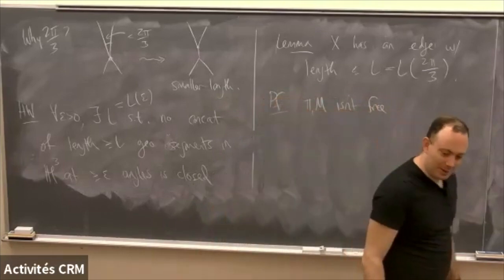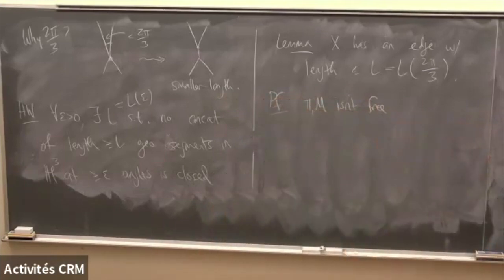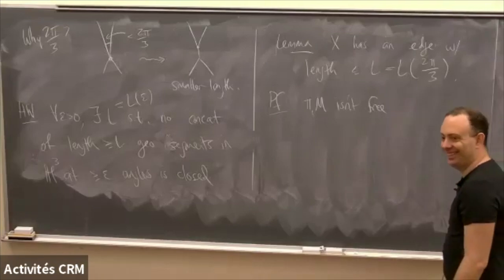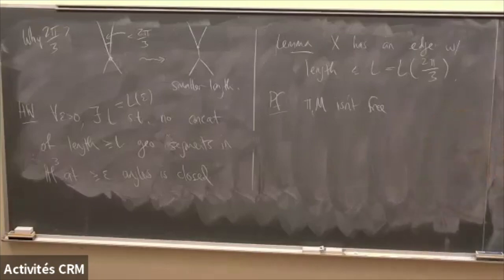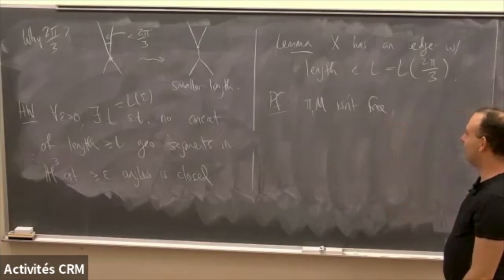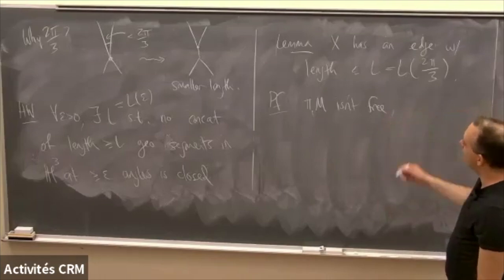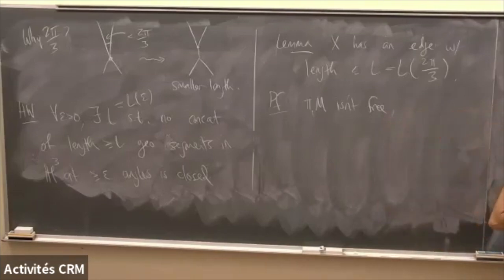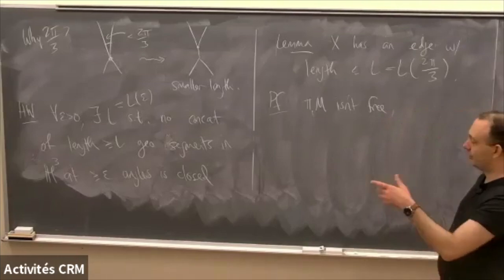Everybody probably has their favorite proof of this. Anybody have a favorite way? Poincaré duality, yeah. My favorite is just saying that M is a K(pi,1) and then you look at H3.